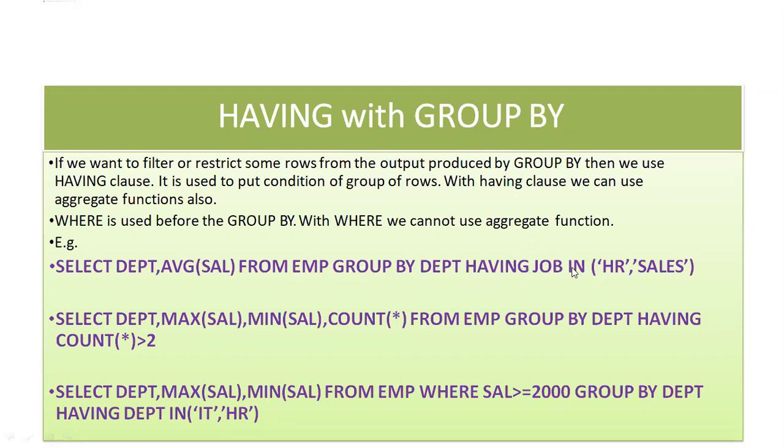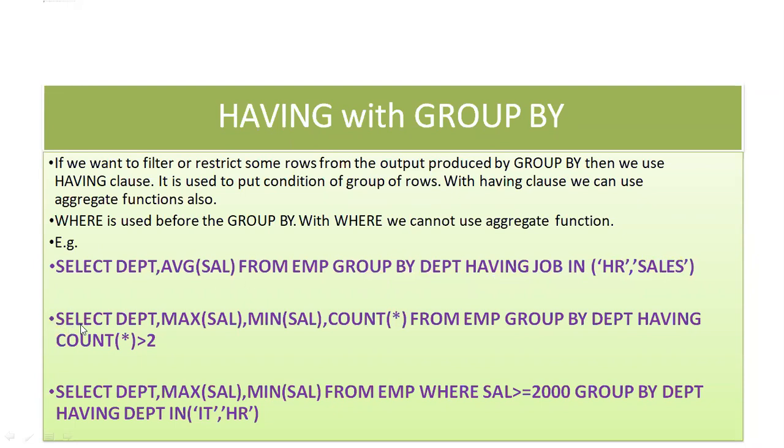What is IN? IN is a membership operator. I have mentioned here HR and sales; only these records will be displayed, others will not. Only the columns matching the GROUP BY and HAVING will display.